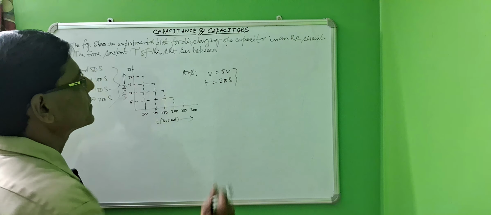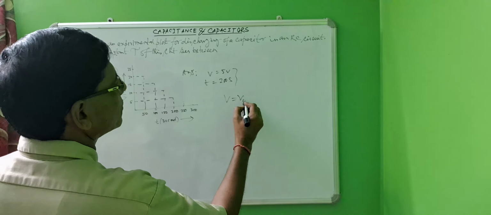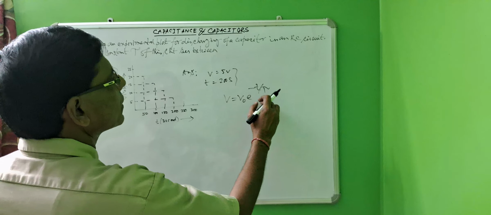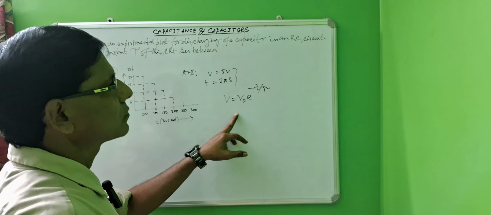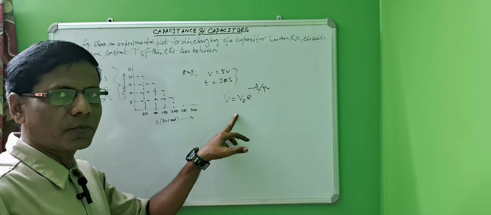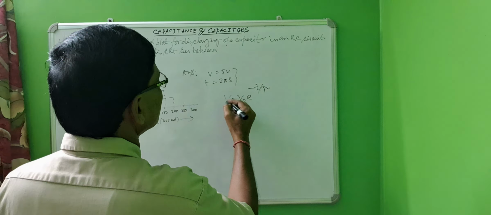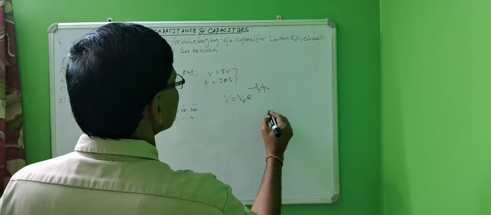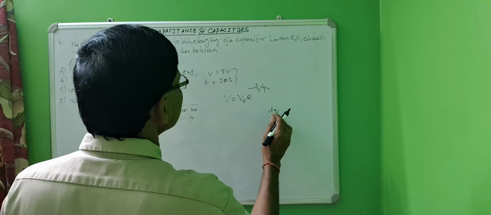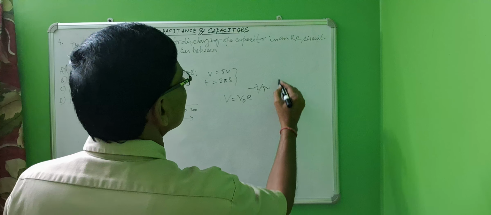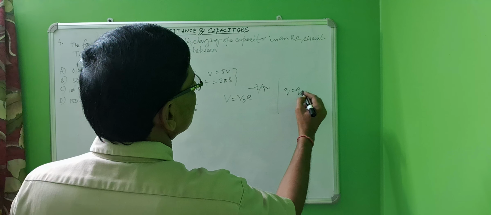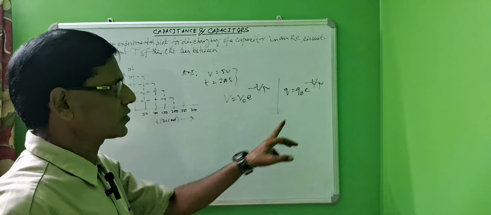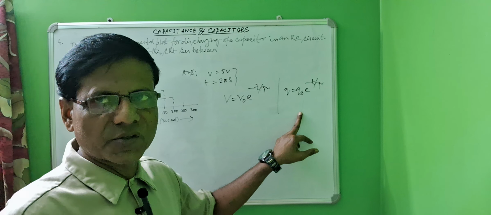There is a formula: V equals V0 e to the power minus t upon tau. How does this come? This comes very easily. As we know, q equals q0 e to the power minus t by tau, for the discharging case.